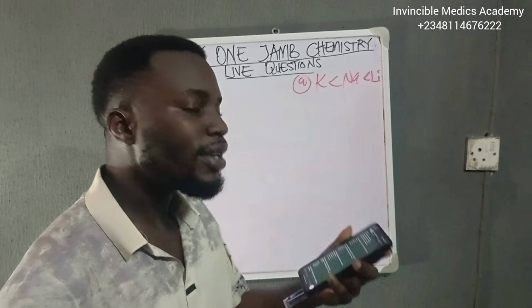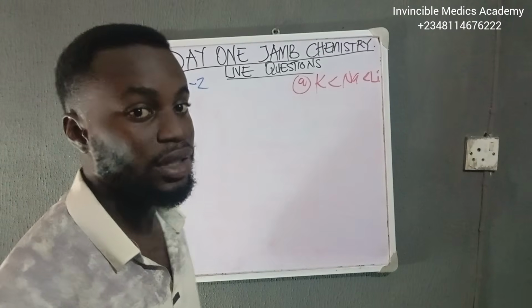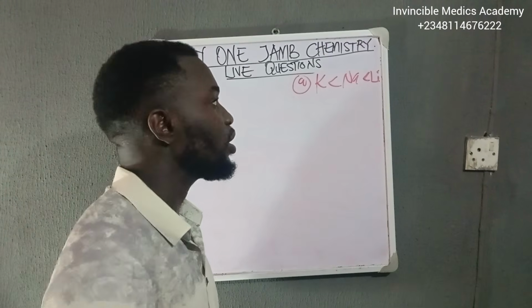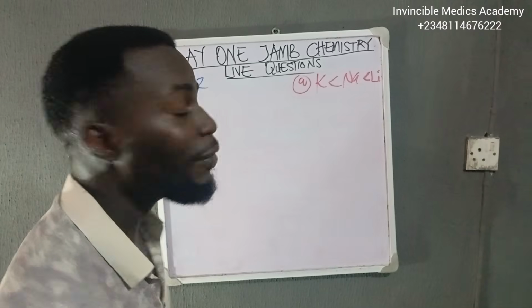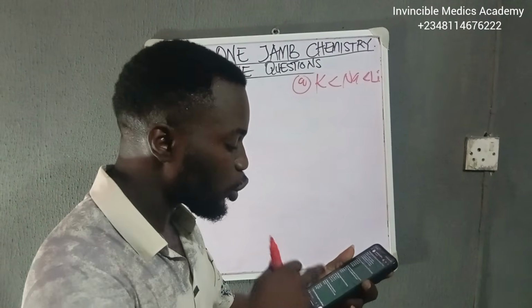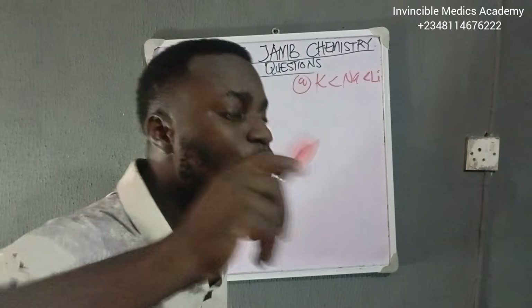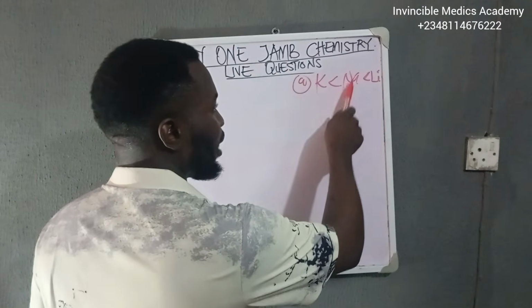Option D, lithium less than potassium less than sodium. They even made it easy by using less than throughout. If I were the examiner, I'd use both less than and greater than to confuse you. So whenever you're arranging in increasing order, because the question says shows increasing atomic radius, you'll always use less than, because this means that this is less than this and this is less than this.